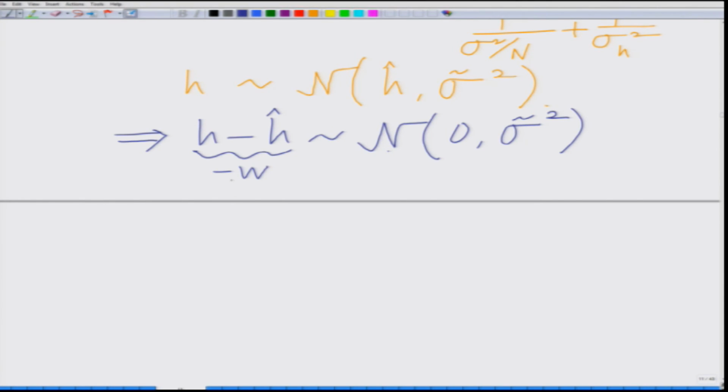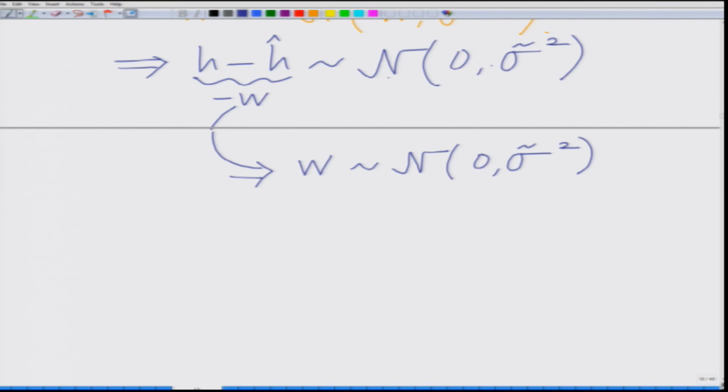That also implies that W is Gaussian with mean 0, variance sigma tilde square. Since minus W is Gaussian with mean 0, variance sigma tilde square, W is also Gaussian with mean 0, variance sigma tilde square, correct.